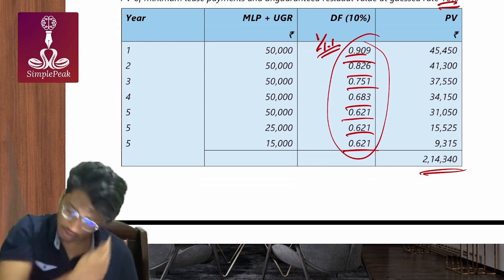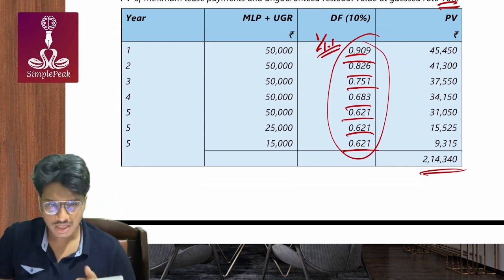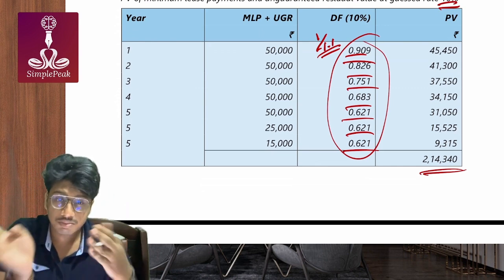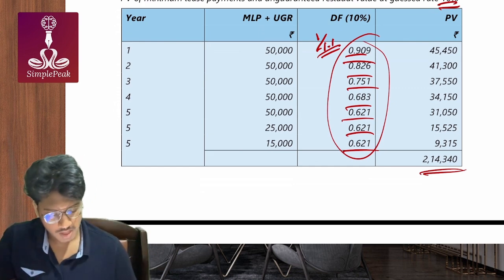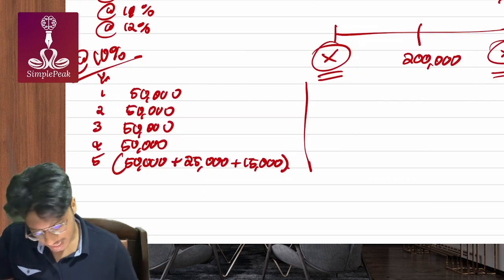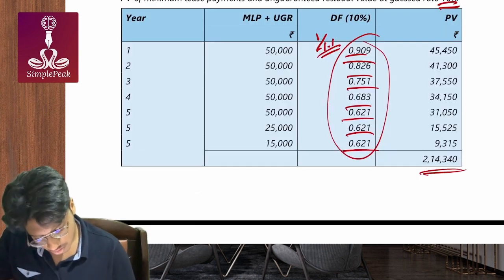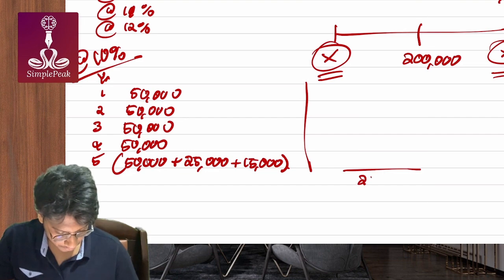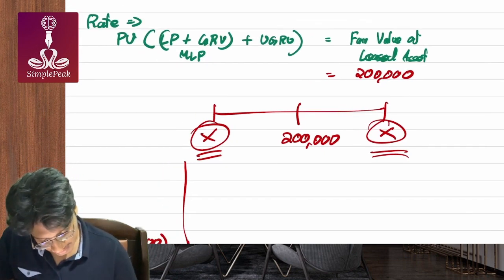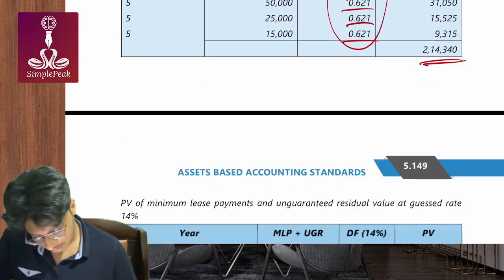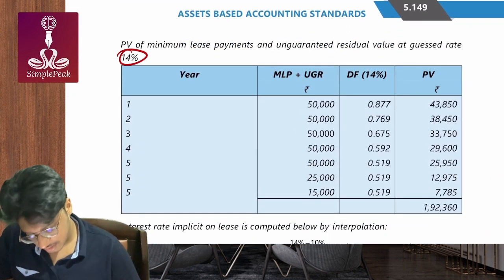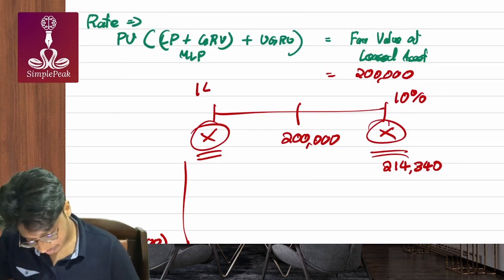Take it up to 4 decimal points as a standard for your exam. So at 10 percent, the value comes to 2,14,340. Then the next rate they have taken is 14 percent.